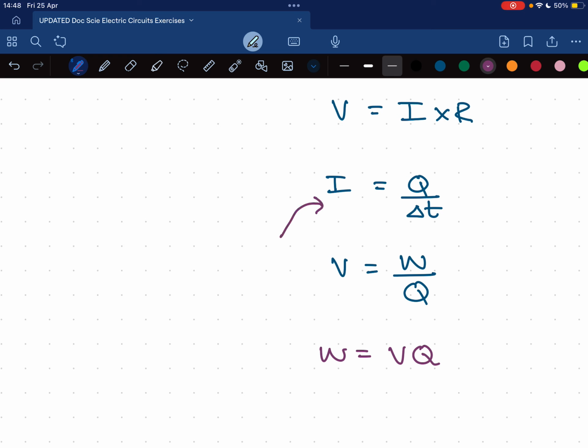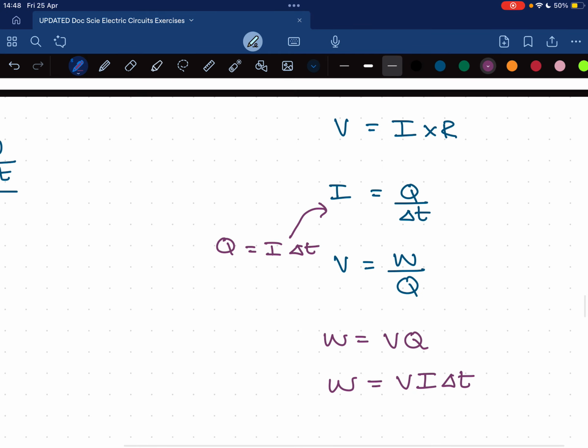We can replace Q, and we can say, well, we know that Q is equal to I times delta T. So the work would equal V times I times delta T.